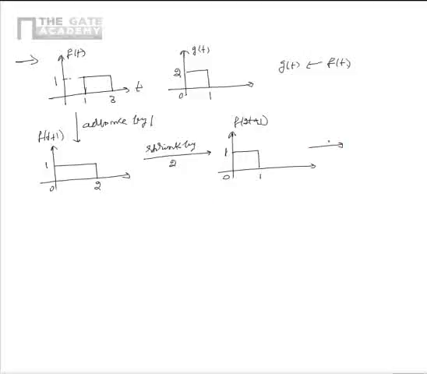Now amplitude scale f of 2t plus 1 by 2 to get 2f of 2t plus 1, which is a rectangular pulse in the period of 0 to 1 and has an amplitude of 2, which is identical with g of t. From this, we can write that g of t is equal to 2 times f of 2t plus 1.